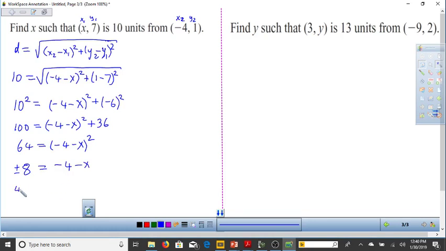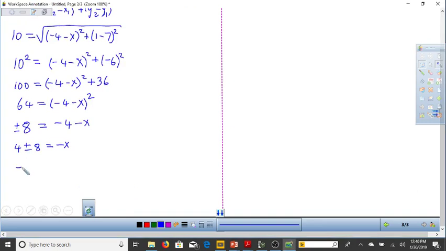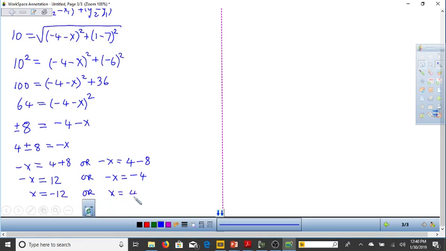So 4 plus or minus 8 is equal to negative x, which means that either negative x is equal to 4 plus 8 or negative x is equal to 4 minus 8. So negative x is equal to 12 or negative x is equal to negative 4, which means x is equal to negative 12 or x is equal to positive 4.